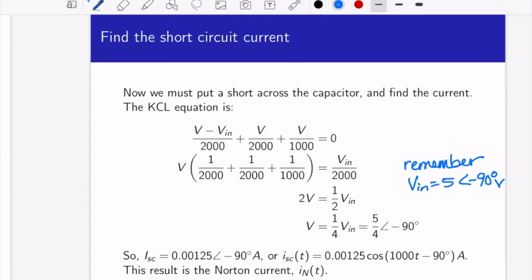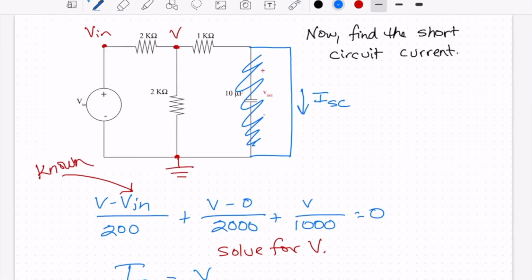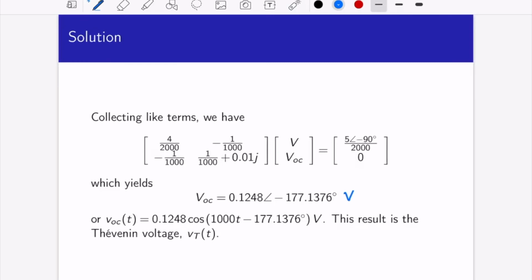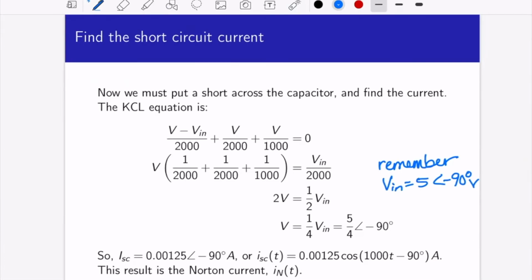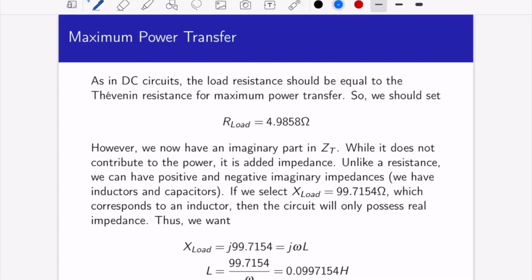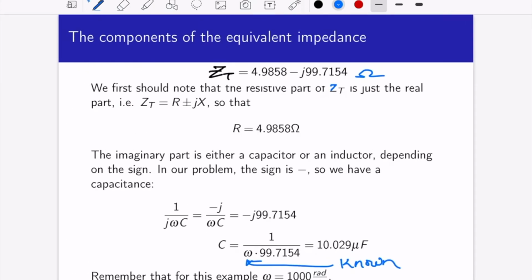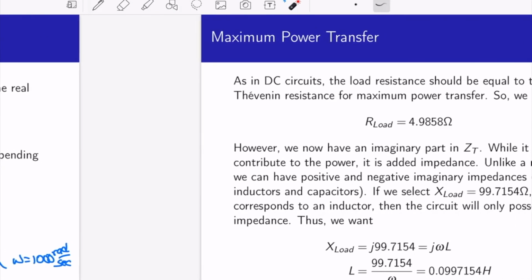Let me double check. Somewhere here. 1,000. Just being sure. And you should double check yourself, of course, as well. So omega is 1,000 radians per second. Right there it is, written below. So when we plug in omega and solve for C, we end up with about 10 microfarads.